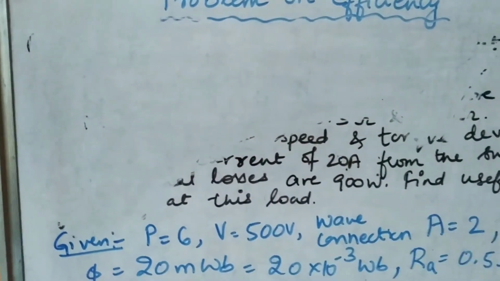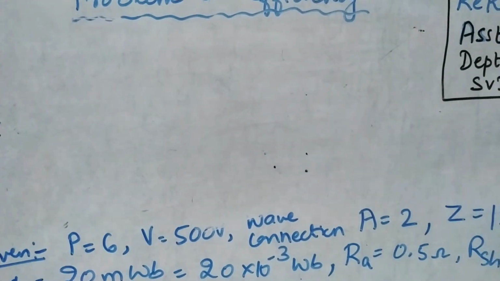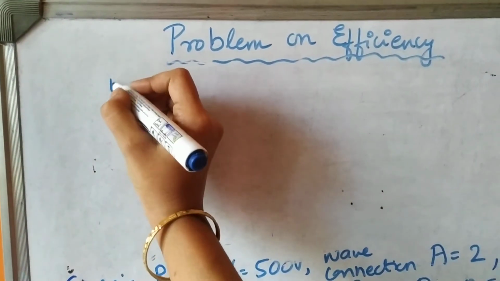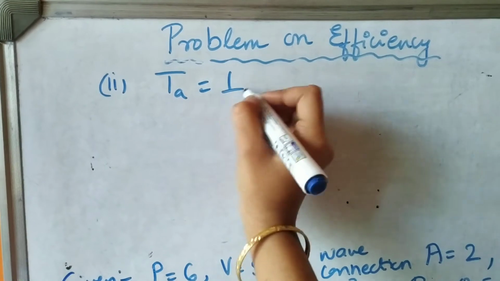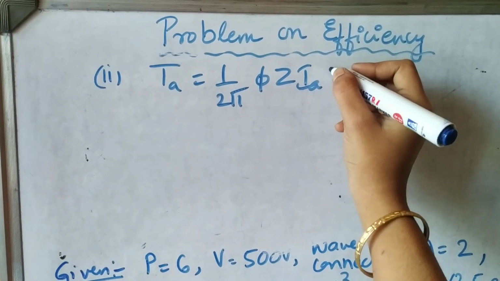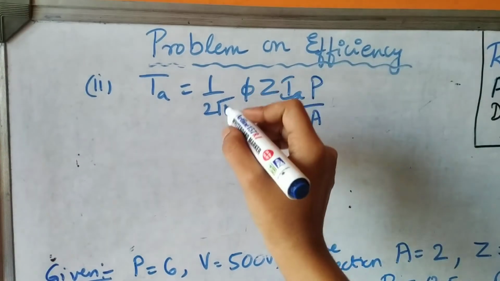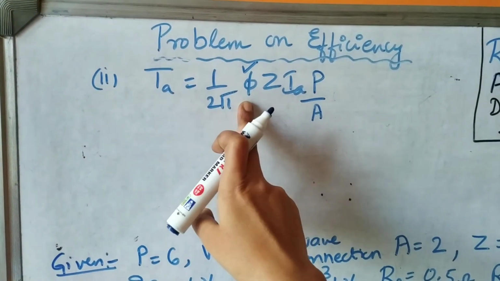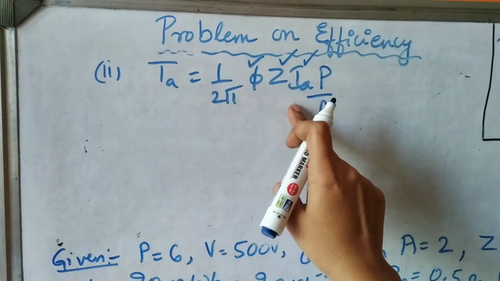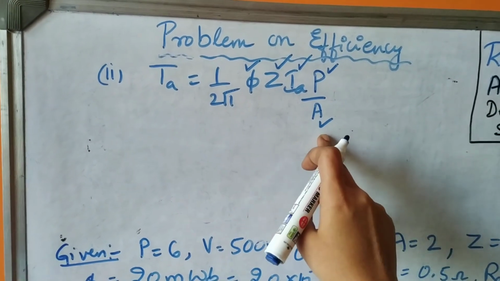TA can be written as 1 divided by 2 pi into phi Z IA into P divided by A. Mark all the values: flux is 20 into 10 power of minus 3, the number of armature conductors and the armature current you have found, the number of poles is given, and the number of parallel paths is taken as 2 because it is wave connection.